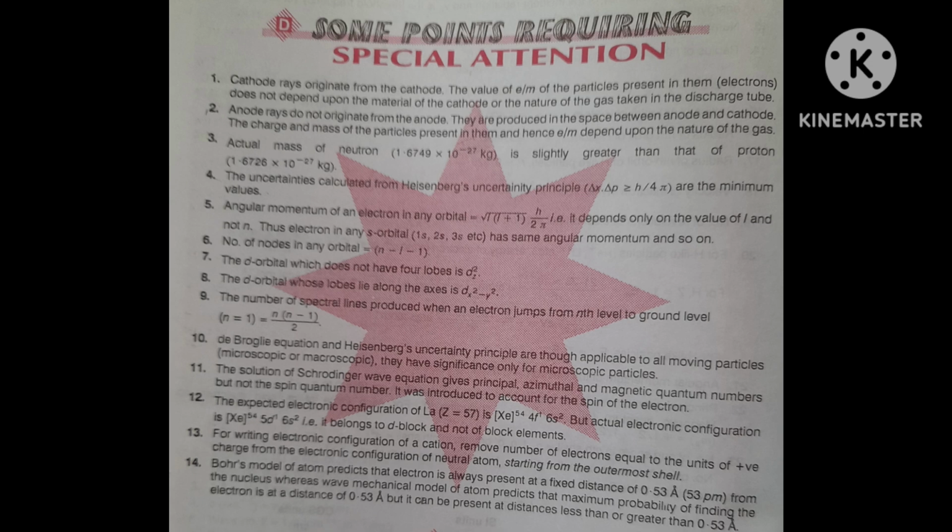That is the number of spectral lines produced when an electron jumps from the nth level to the ground level.